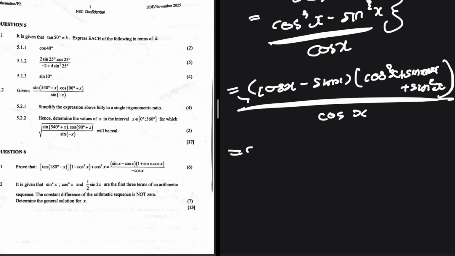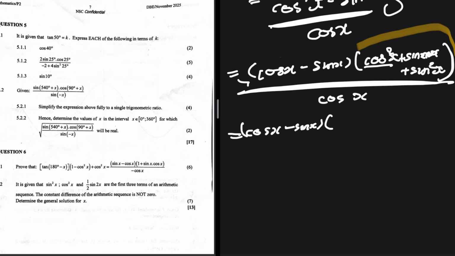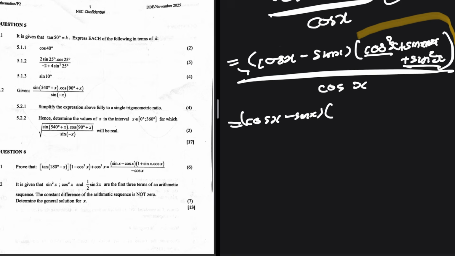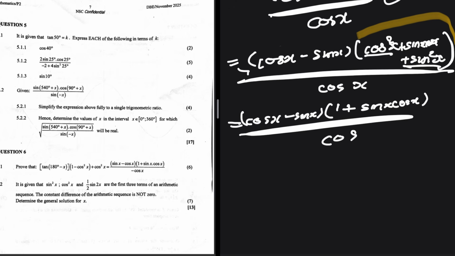So we're going to multiply cos x minus sine x by this bracket here. But if we look at that bracket, we can see that we have cos squared x plus sine squared x, and we know that cos squared x plus sine squared x is always equal to 1. So we're going to have 1 plus sine x cos x all over cos x.